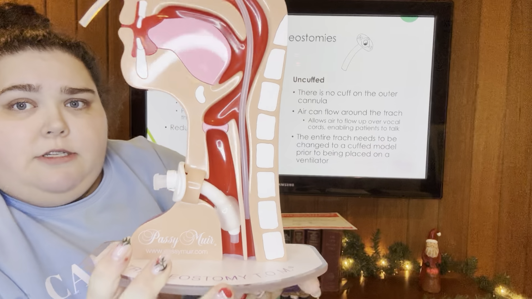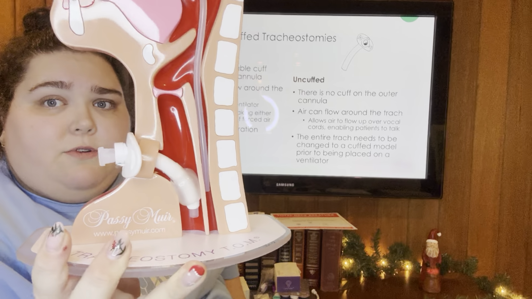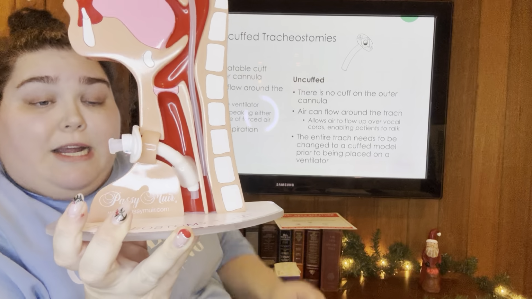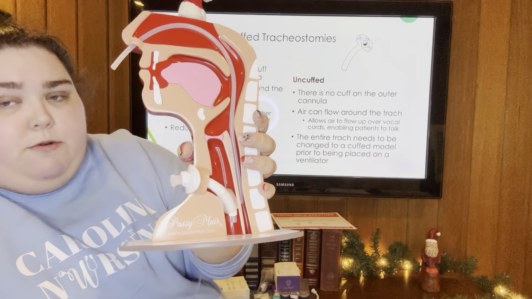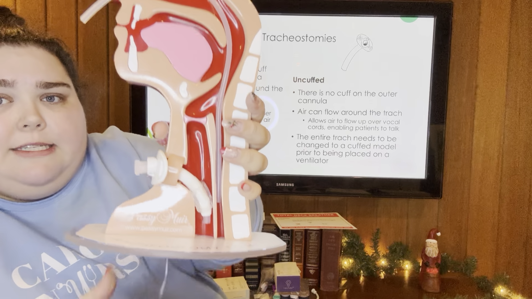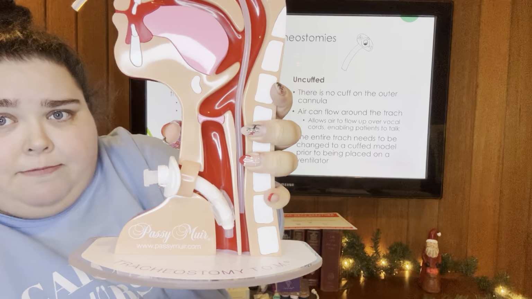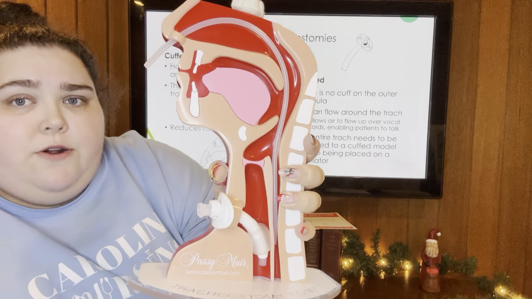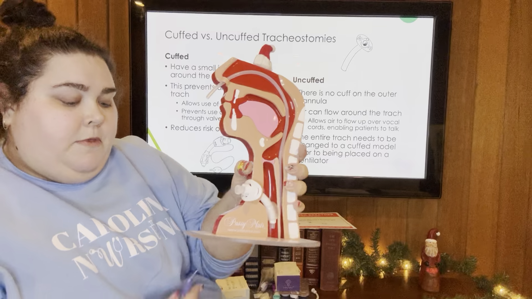You can see Tom's cuff is full there too, so now it does butt up against the walls of the trachea. If we pull it down, you can see that there's room for air to get around, versus when it's inflated, there's no room and the trach is nice and snug in there.